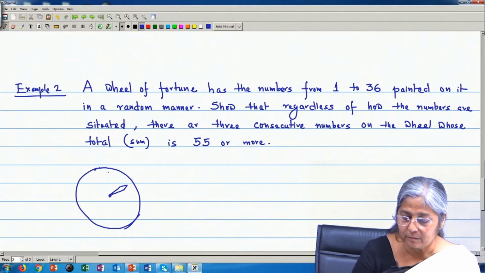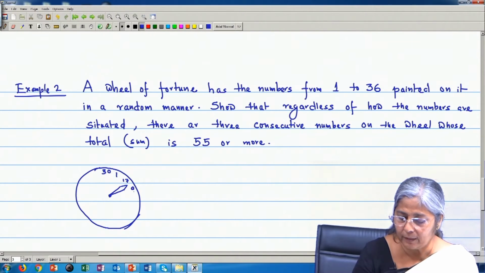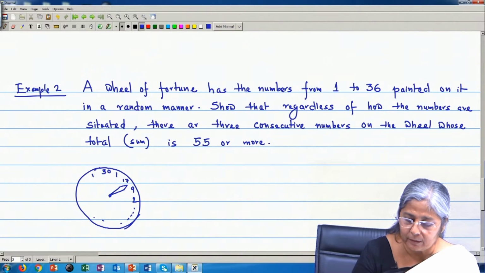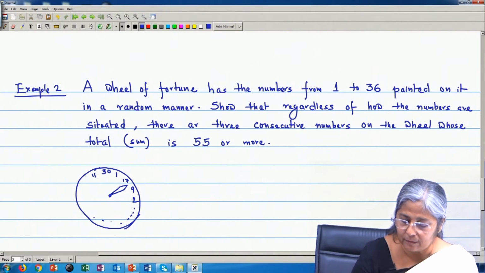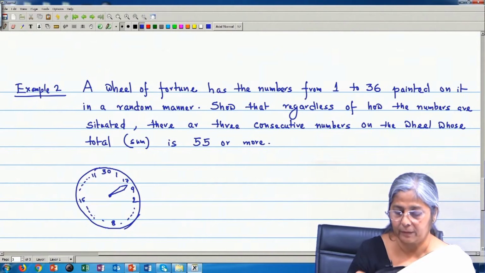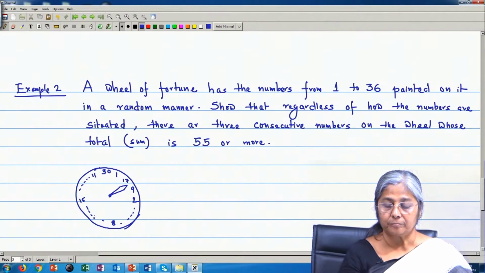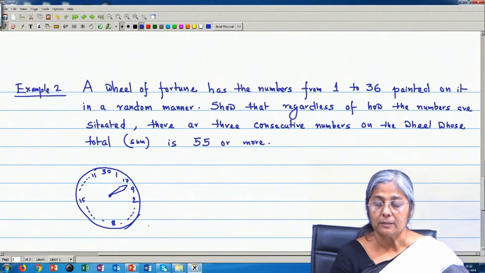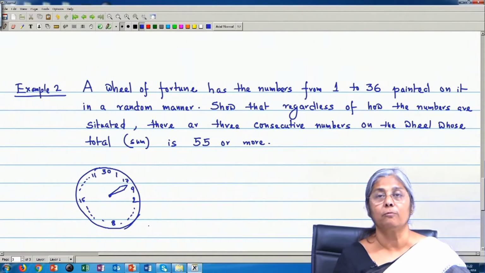Randomly, say I start from 30, then 1, then 17, 9, 2. In this random way it is painted, and we call this the wheel of fortune.